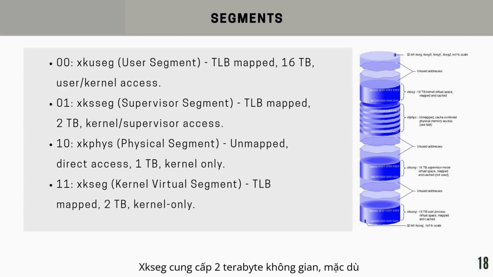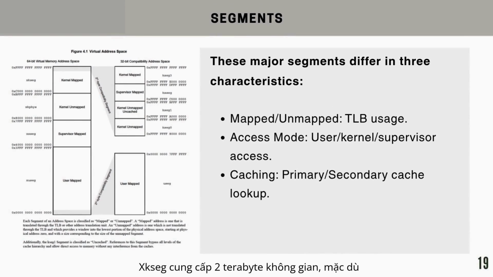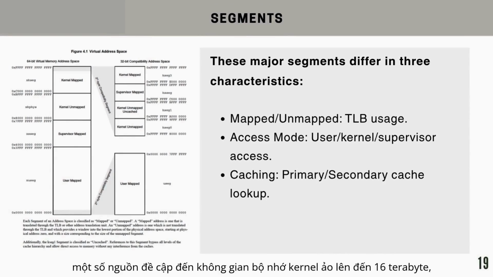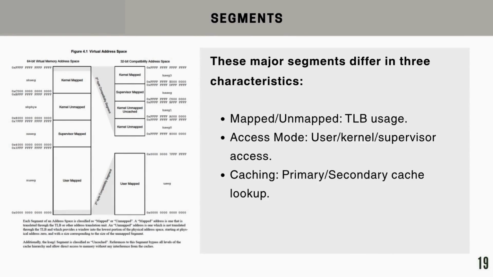XKSEG provides 2 TB of space, although some sources describe a 16 TB kernel virtual space that is both mapped and cached.